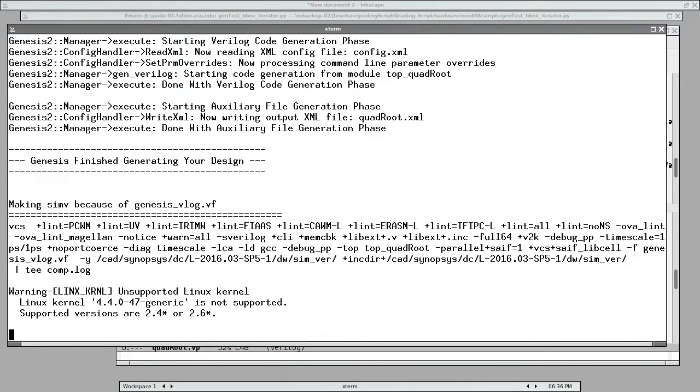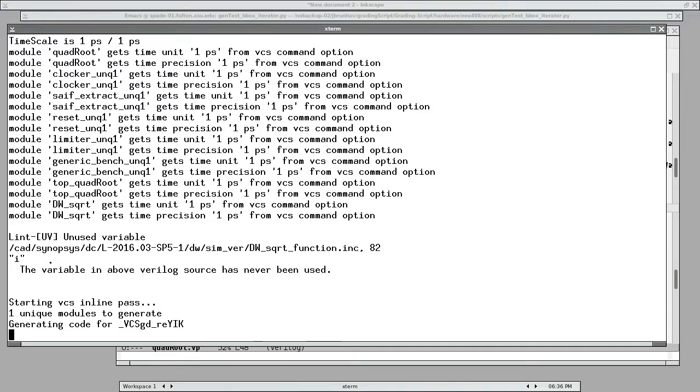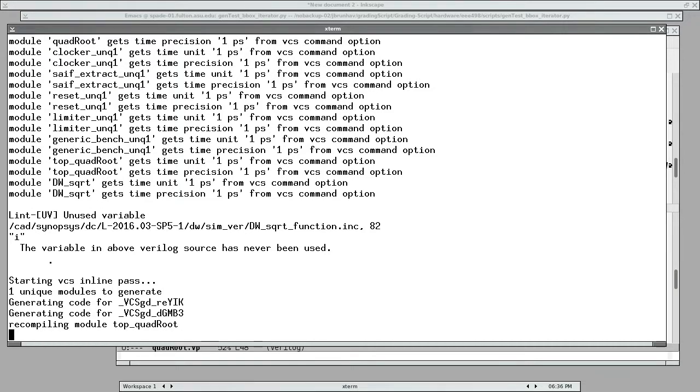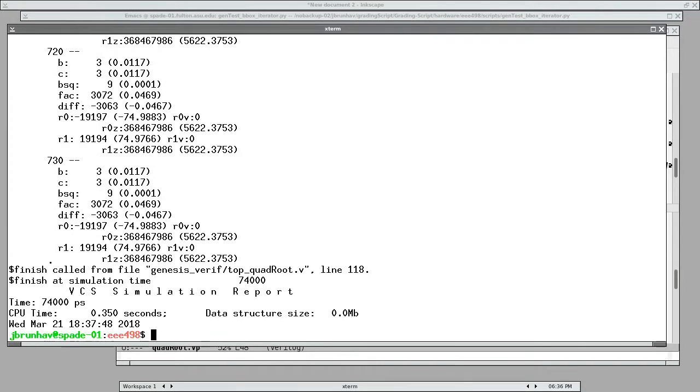Cool, cool, cool. Slowly but surely. Yay! So now we fixed our valid issue.